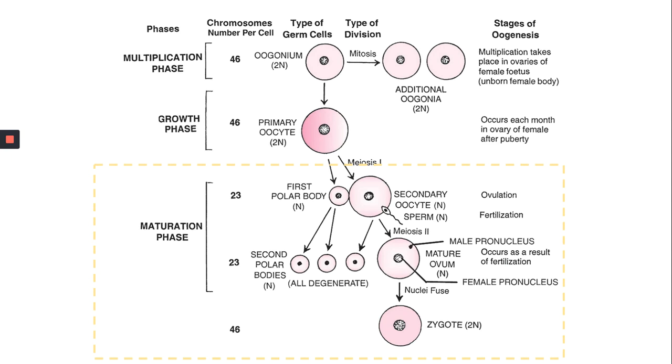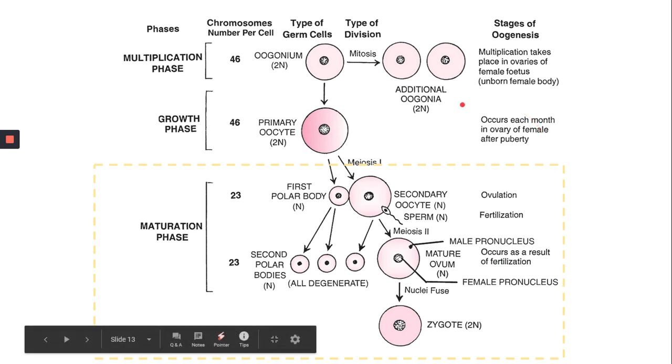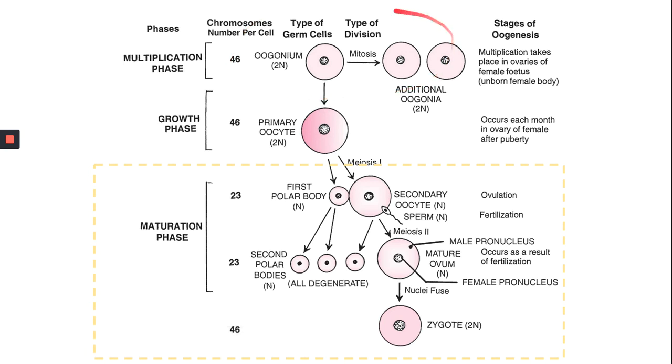Once again, this is a flow chart diagram showing different stages of oogenesis. Oogenesis also begins with diploid oogonia cells which are multiplying in number. This is happening when the girl is still in the womb of the mother in the form of a fetus.